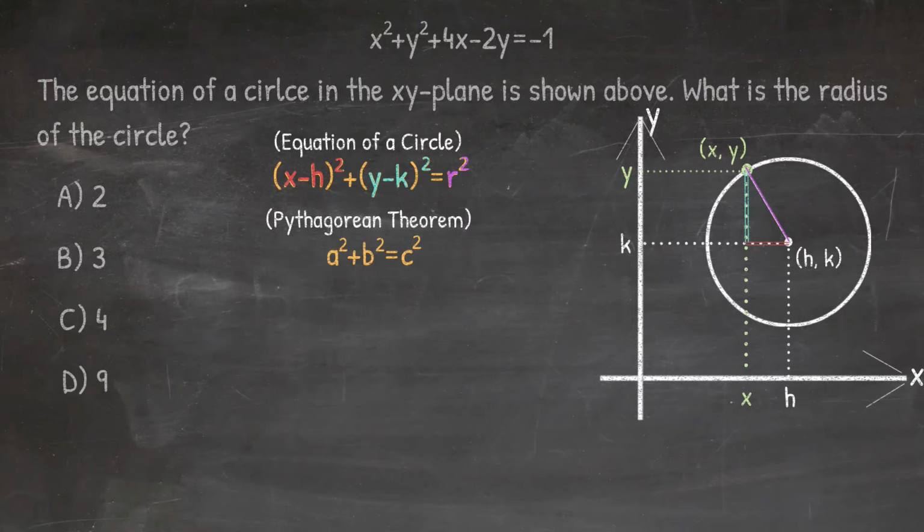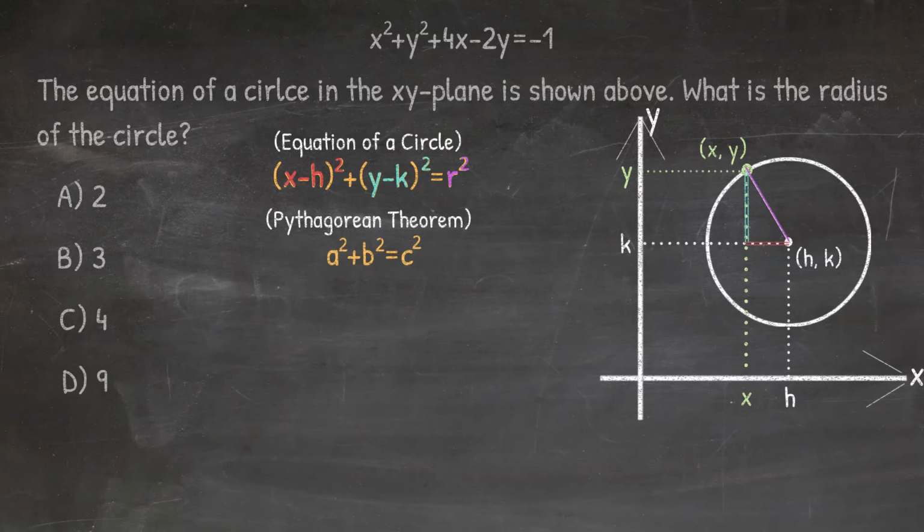Let's refer back to the equation of a circle. We can recognize that the contents of the brackets, x minus h, represents the difference in the x-coordinate between the 2 points, and y minus k represents the difference in y-coordinates of these 2 points.